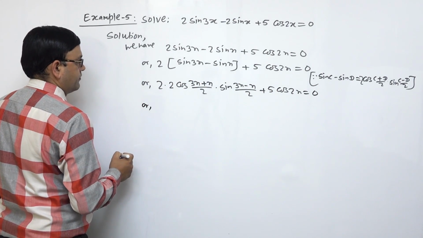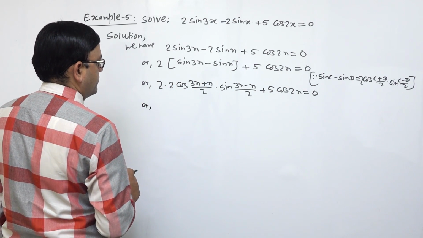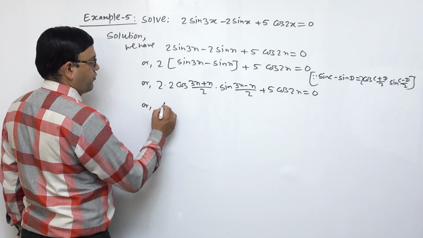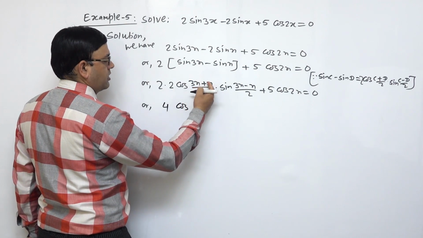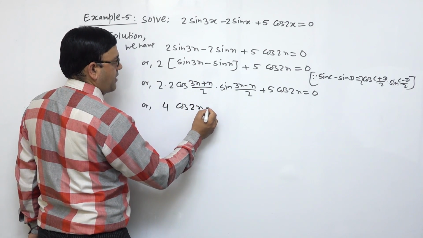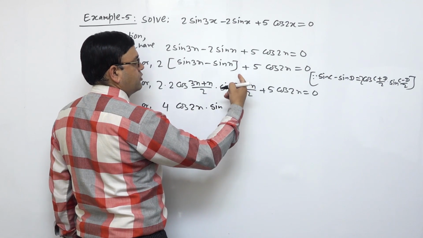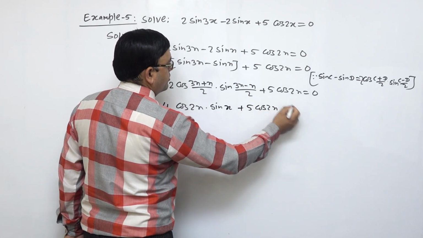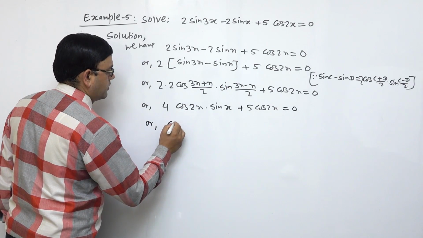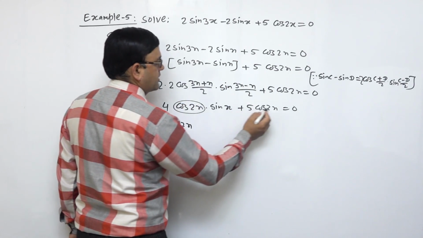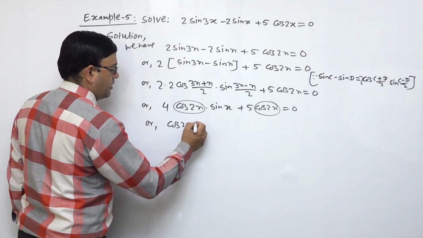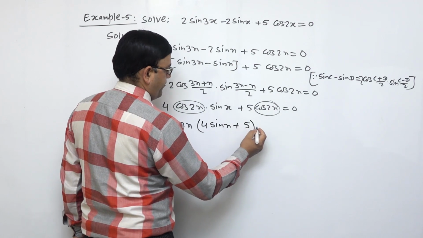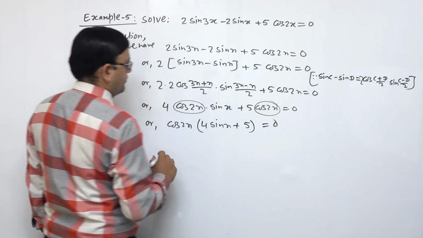Or we have here 2 times 2 is 4, and then cos 3x plus x is 4x by 2 is 2x, times sin 3x minus x is 2x by 2 is sin x, plus 5 cos 2x is equal to 0. Here is cos 2x in both terms, so we can take cos 2x common, then remaining is 4 sin x plus 5 is equal to 0.